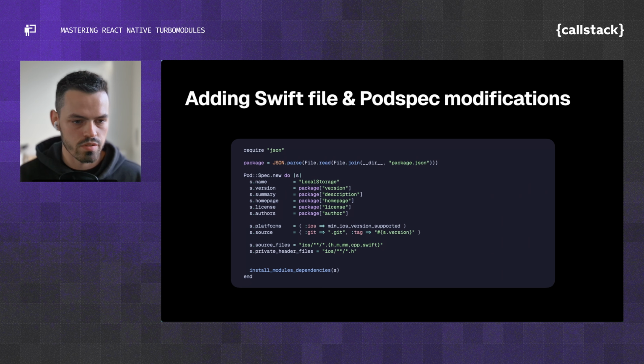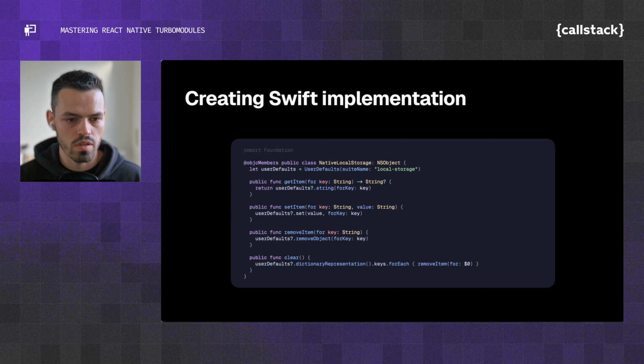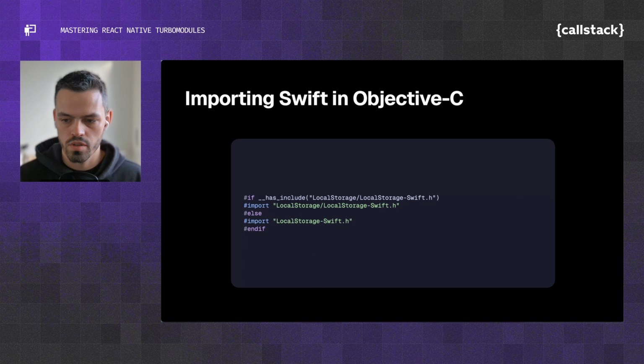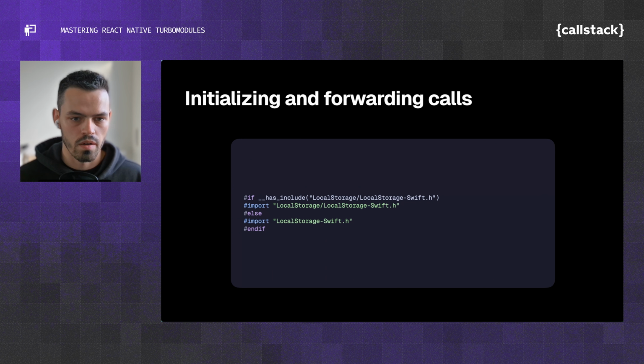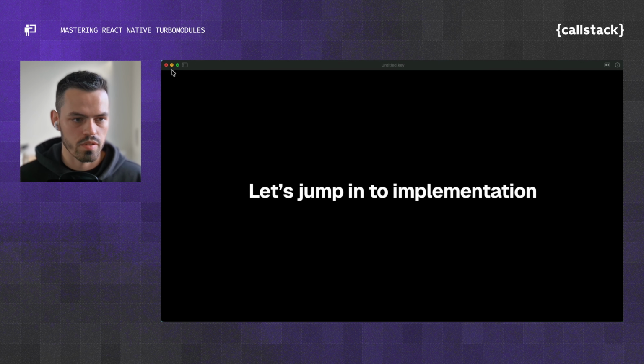And as you can see, it defines the name, version, source files, private header files, etc. Then we will do this Swift implementation, which encapsulates all of the logic of interfacing with the user defaults API. That's a built-in API. Then we will import Swift in Objective-C, initialize the module and forward the calls. So yeah, let's jump into the implementation.